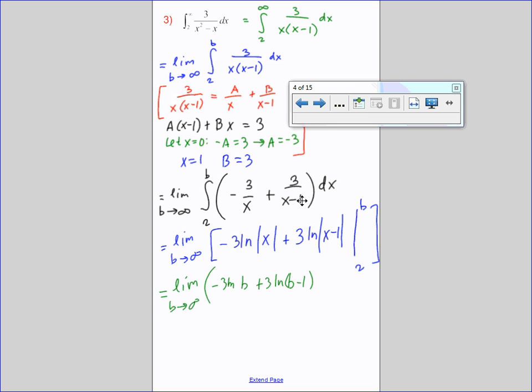And my lower limit all the way through, minus a negative, can I just do plus 3 ln 2 minus 3 ln 1?